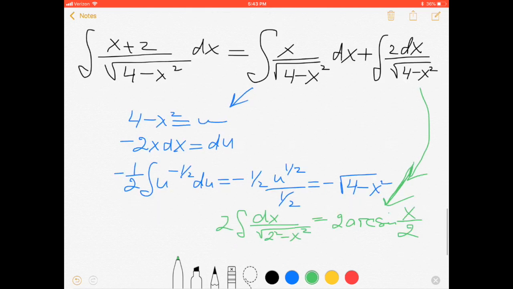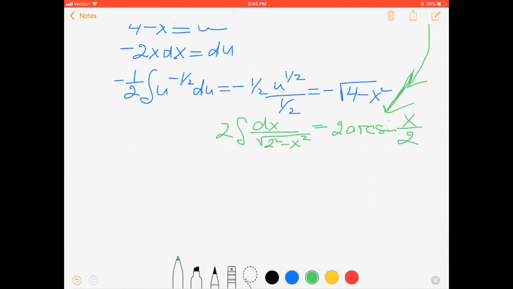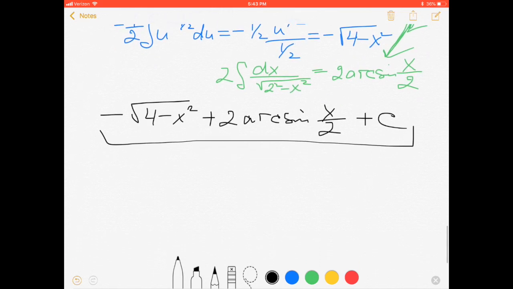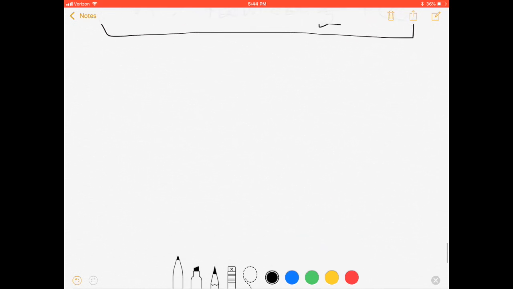And our final answer will be minus square root 4 minus x squared plus 2 arcsine x over 2 plus c. This is our final answer. You see, separating was very simple. Our integral separated into two very simple integrals.